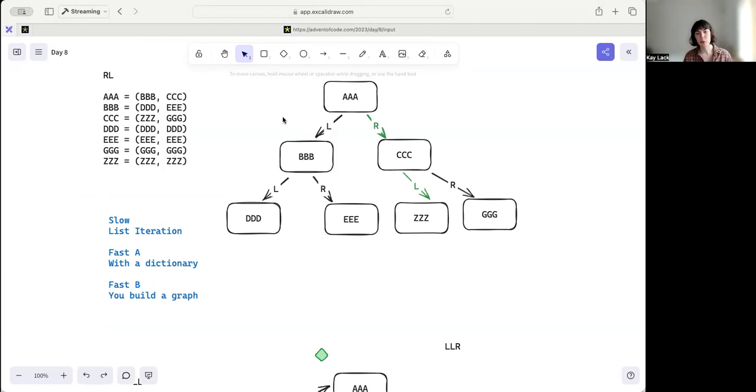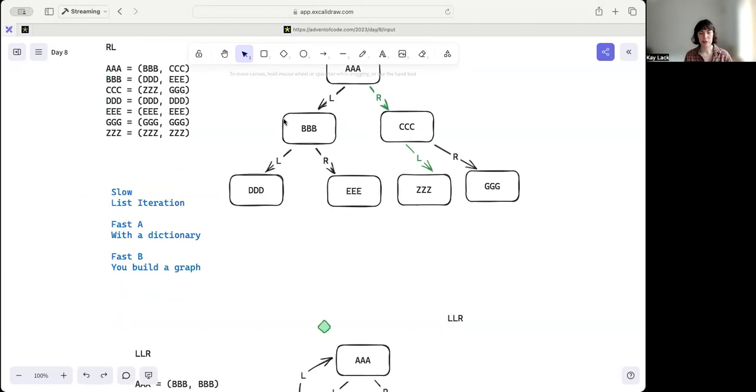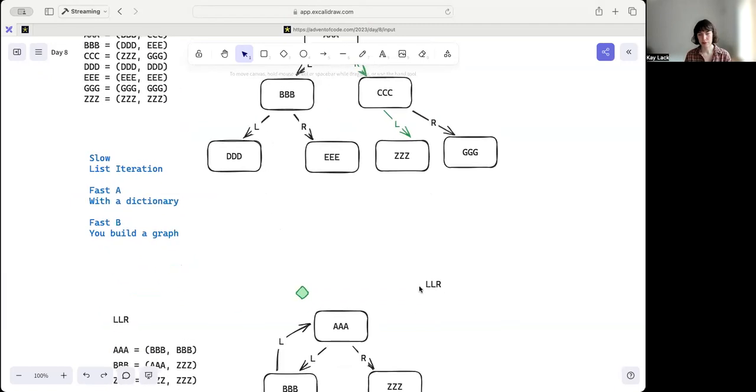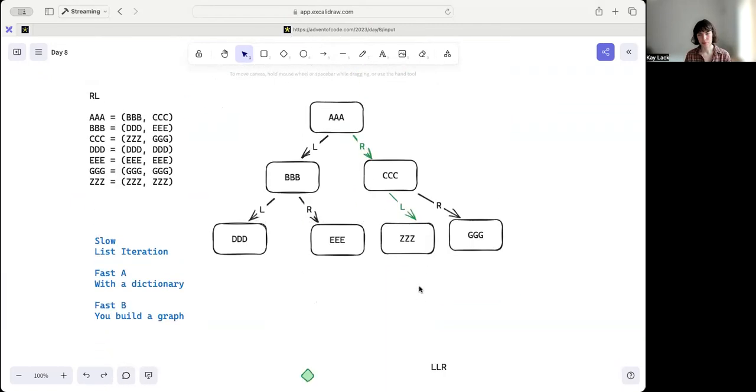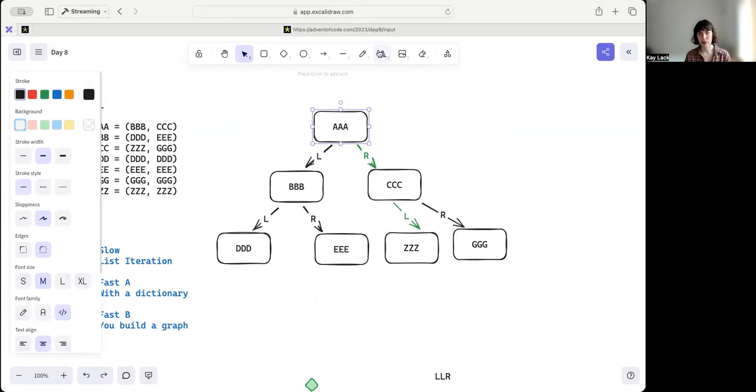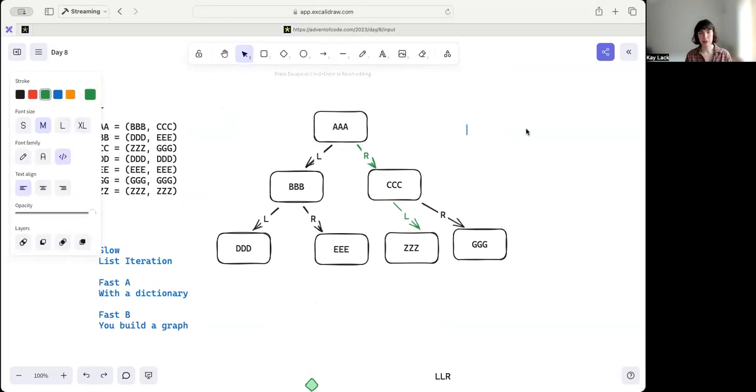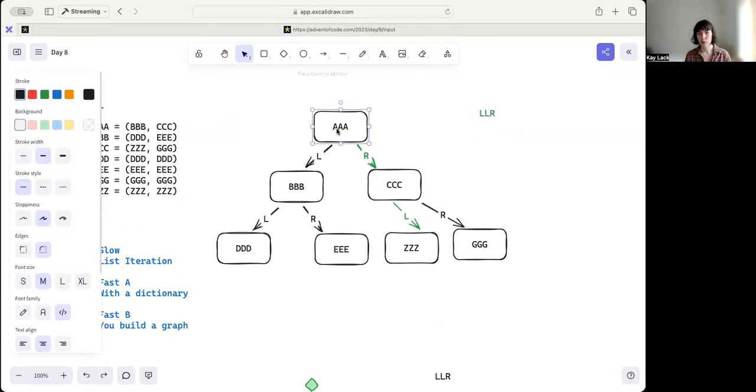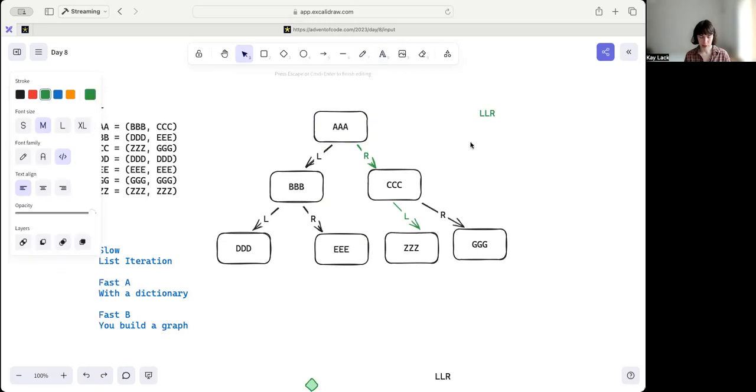So, you know, we do know that if we're at A and we have the string, if our next sequence is going to be something like LLR, we know that if we have A plus LLR, it's always going to get us to a particular node.